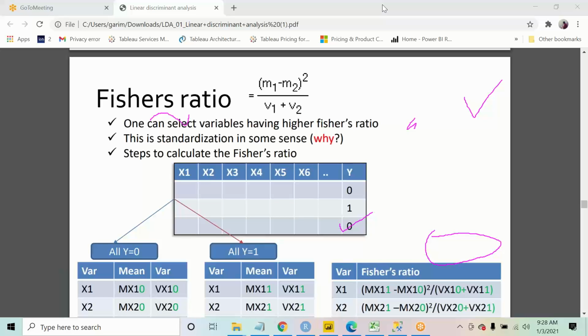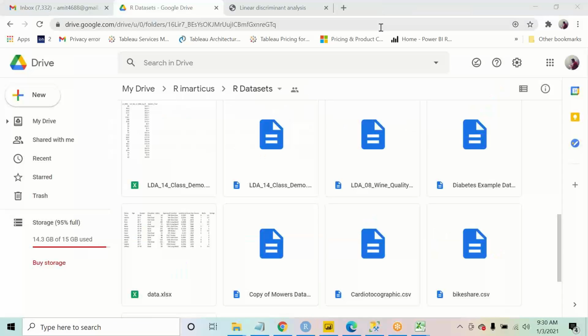Let's see how many of you are able to do it. You will find on the LMS under the R datasets, you will find a file by the name of wine quality.